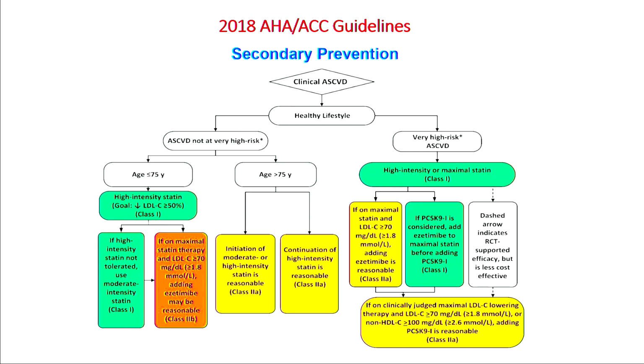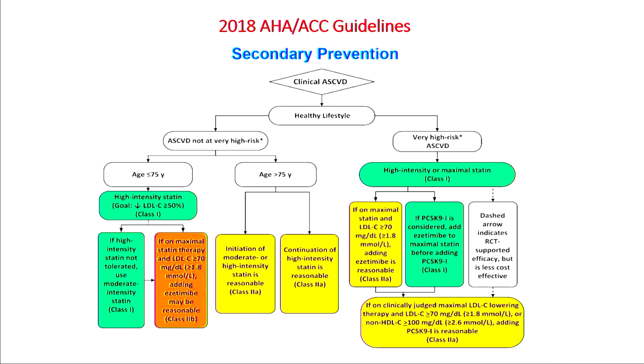All of this evidence on statins and non-statins has been summarized in the 2018 ACC/AHA guidelines, and even more recently by the European guidelines, which are largely similar but have some difference in the way that they operationalize the evidence. But here in the secondary prevention setting, clinical ASCVD, interestingly in the European guidelines, their very high risk category can include either primary or secondary prevention, with the primary group, if you have extensive subclinical atherosclerosis, can get into that group.